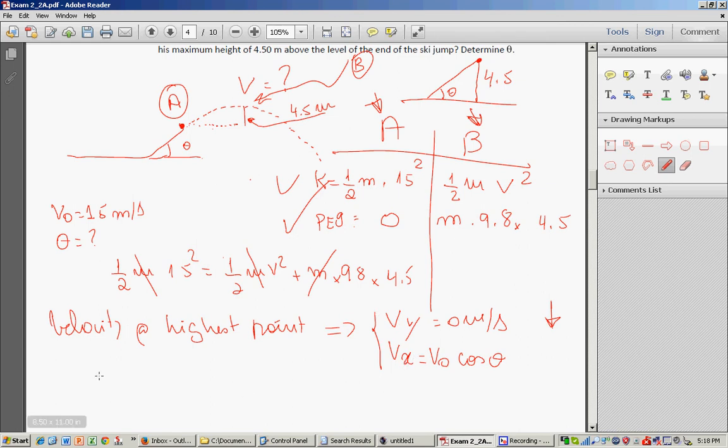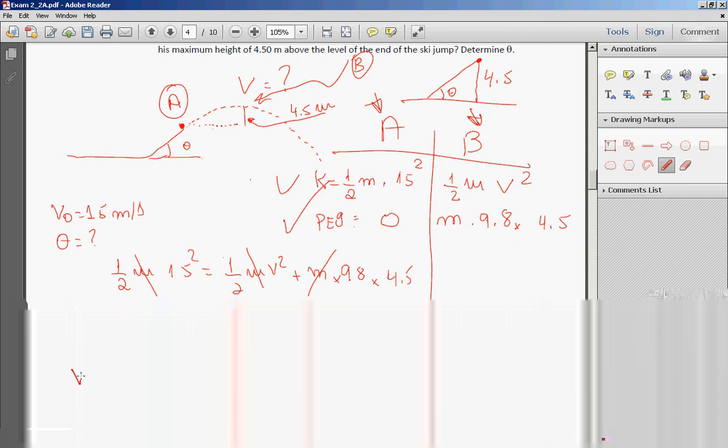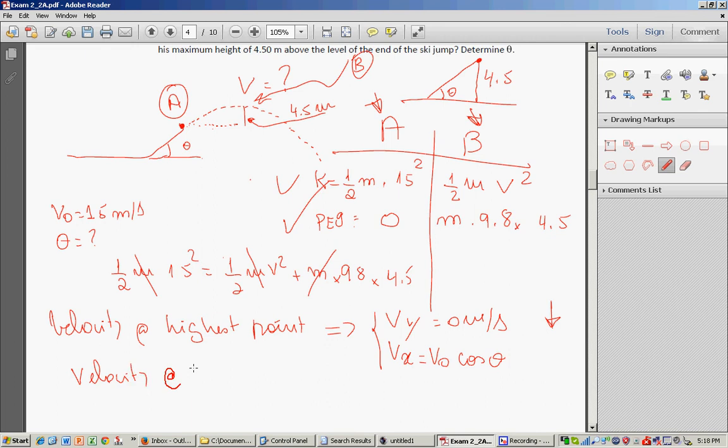Now the interesting aspect is that the magnitude of the velocity at the highest point is equal to Vx, right?